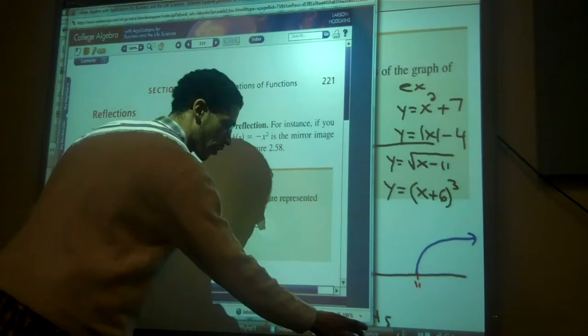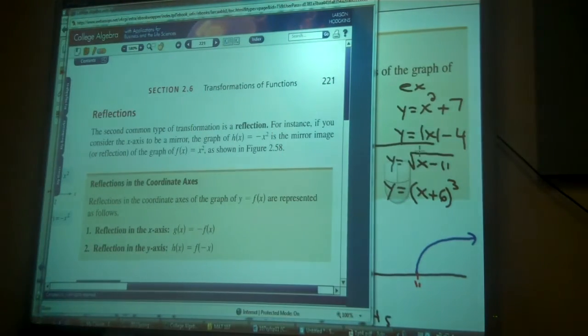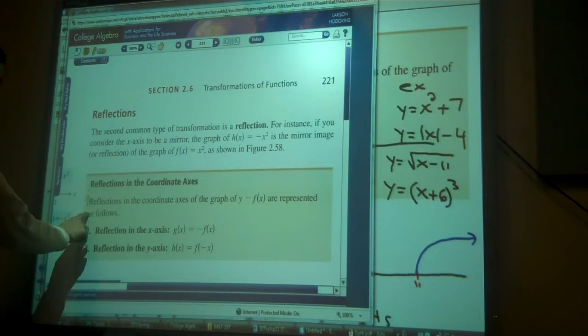And we're just going to do reflections in the x-axis. So we're not going to do y-axis reflections.